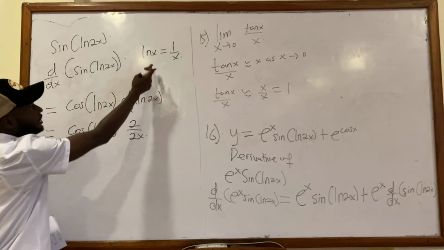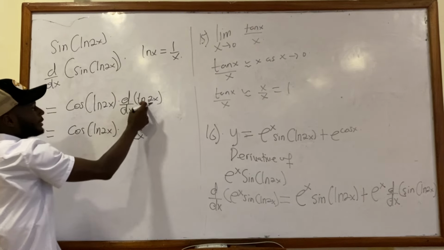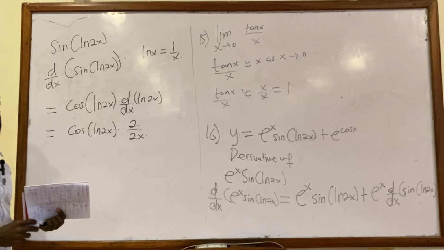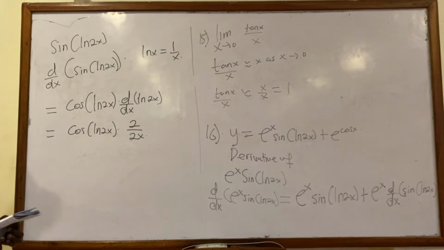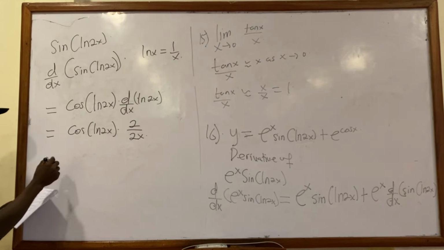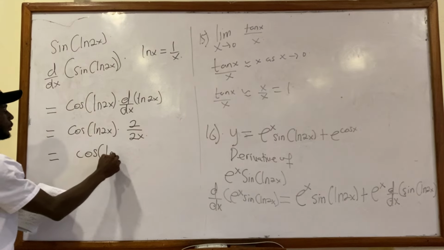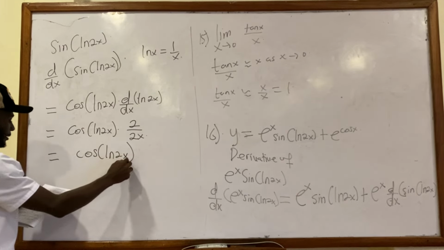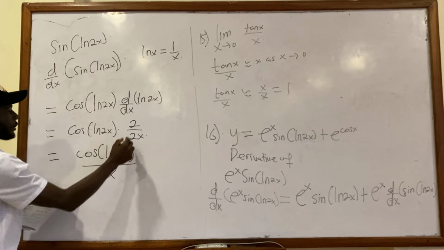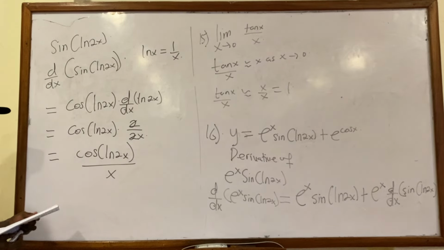So here we are going to have cos of ln 2x all over x, because the 2s cancel.